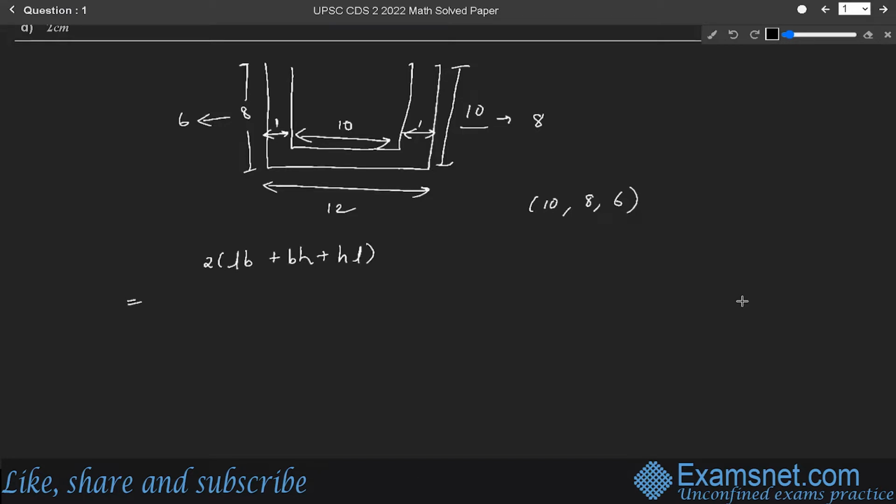Let us put the values here. It will be equal to 2 into 10 into 8 plus 8 into 6 plus 6 into 10. It will be equal to 2 into 80 plus 48 plus 60. On further solving, it will be equal to 376.